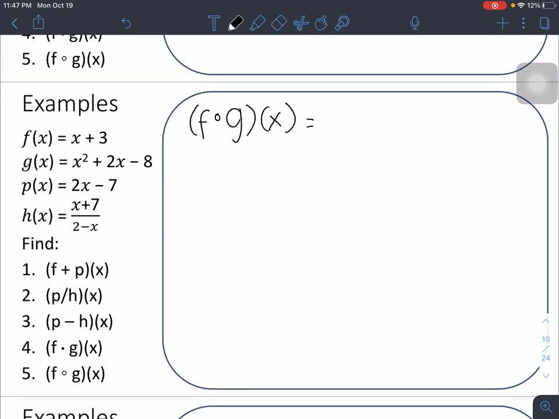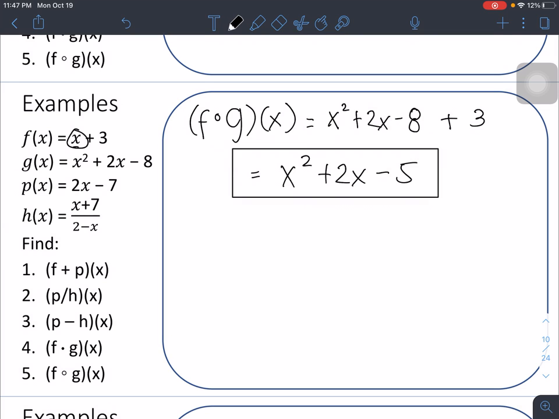Since we only have one x here, we need to replace this x with the g of x function, which is x squared plus 2x minus 8, then plus 3. Then proceed to simplification of this function. So this will be x squared plus 2x minus 5. So this is our final answer.